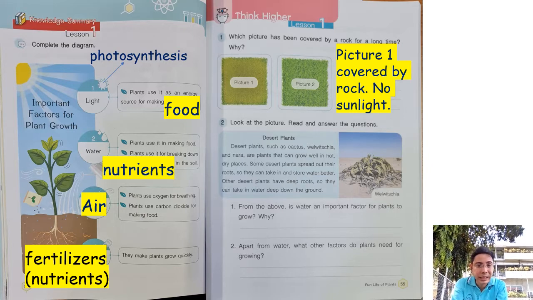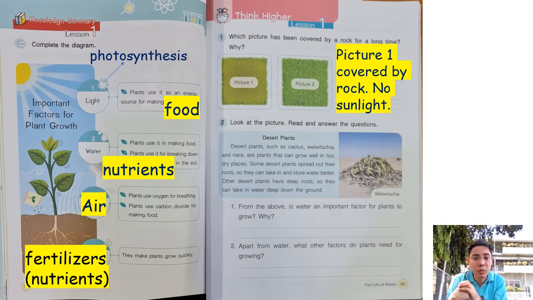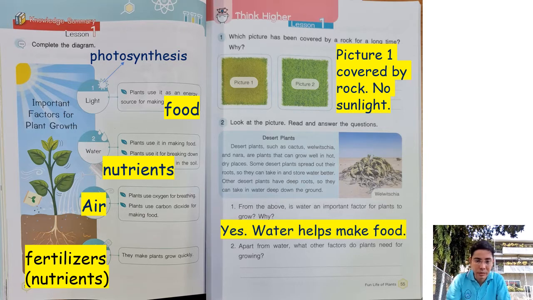Now, let us answer question number 1. From the picture, is water important for plants to grow? Like for picture 1? Yes, right? Water is important because it will help plants make food so they can live.